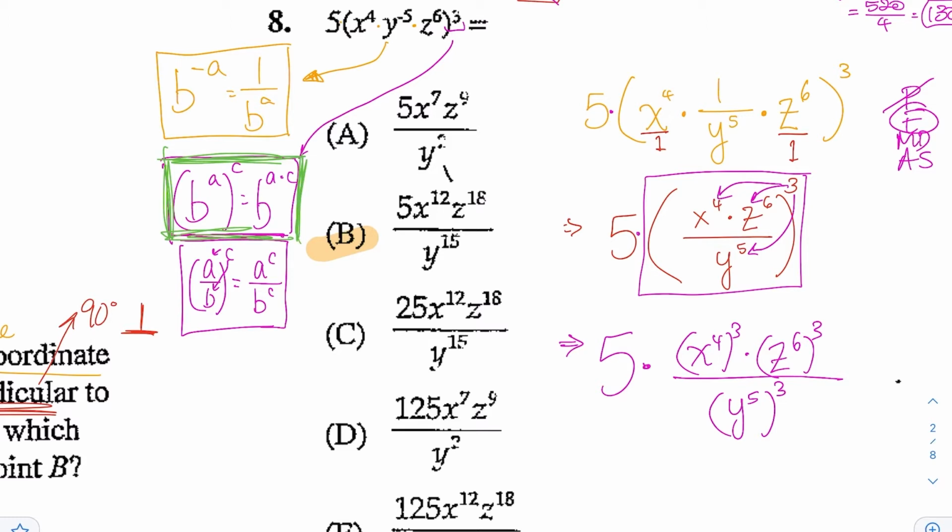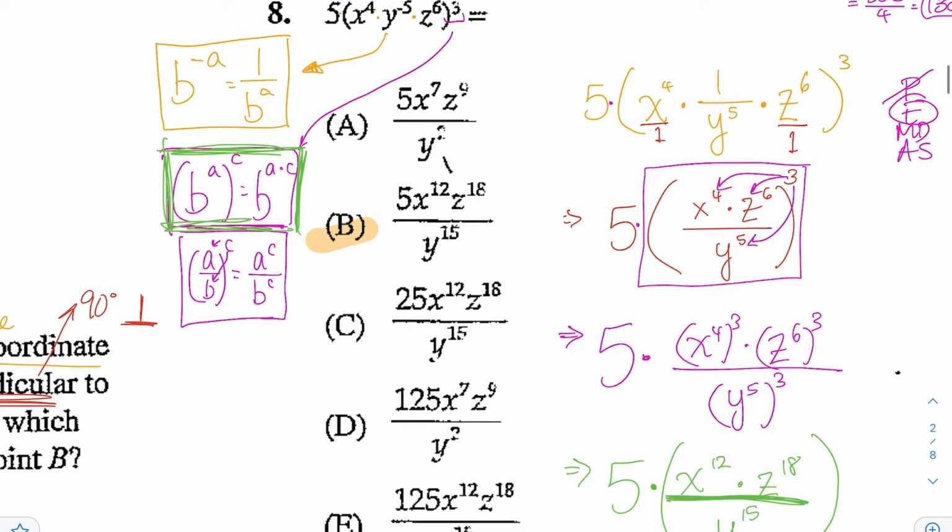So you have to multiply those 3 pairs. So this will turn into 5 times x to the 4 times 3, or 12, and z to the 6 times 3, which is 18, divided by y to the 5 times 3, or 15th.